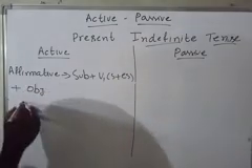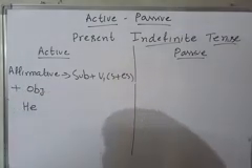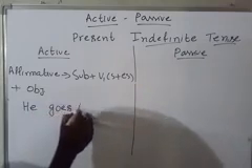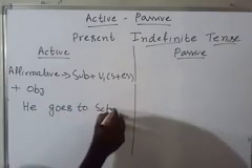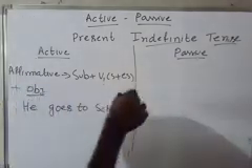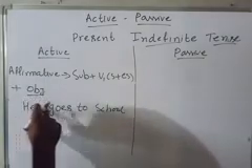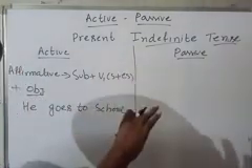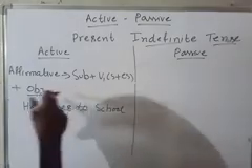Here is one example: He goes to school. Now the passive. In the passive, the object comes in the place of the subject and the subject moves to the place of the object.